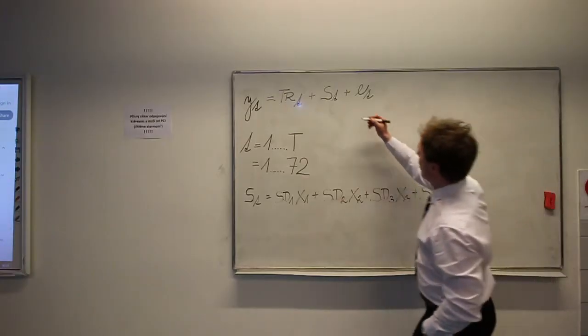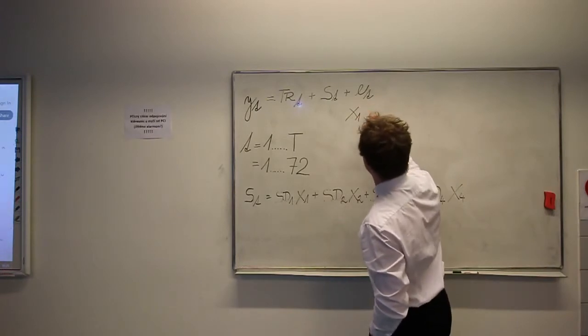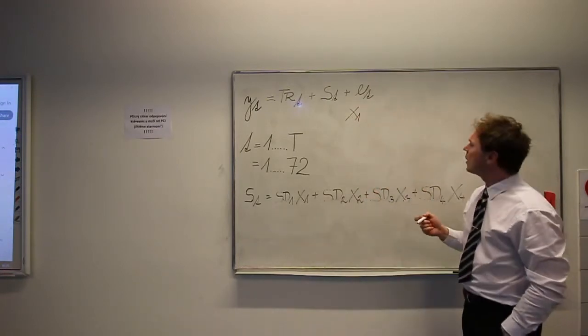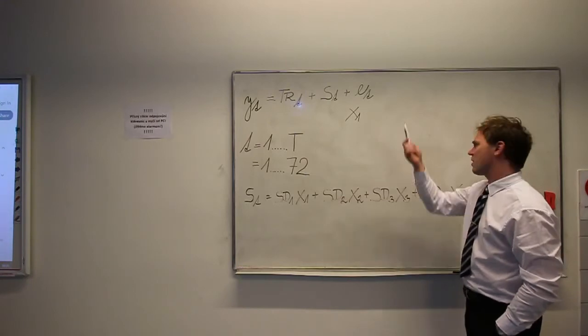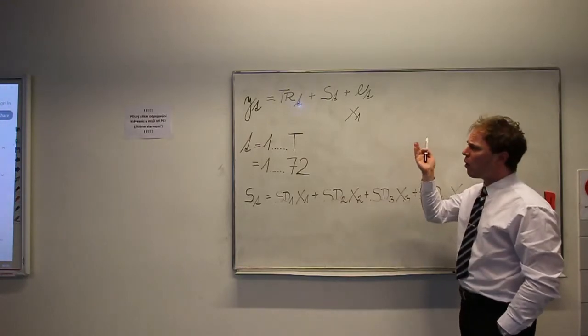A dummy variable, for example x1, is a variable which can be equal either to 1 or 0.